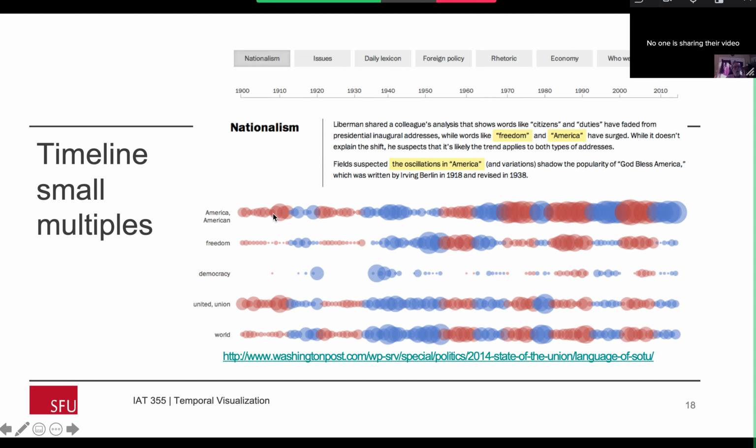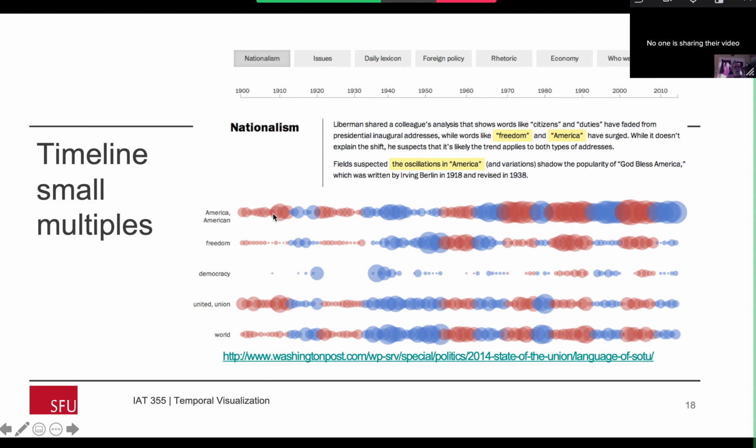So here on the top we see America and American has been reasonably common, but has become a little bit more salient since roughly the 1960s.